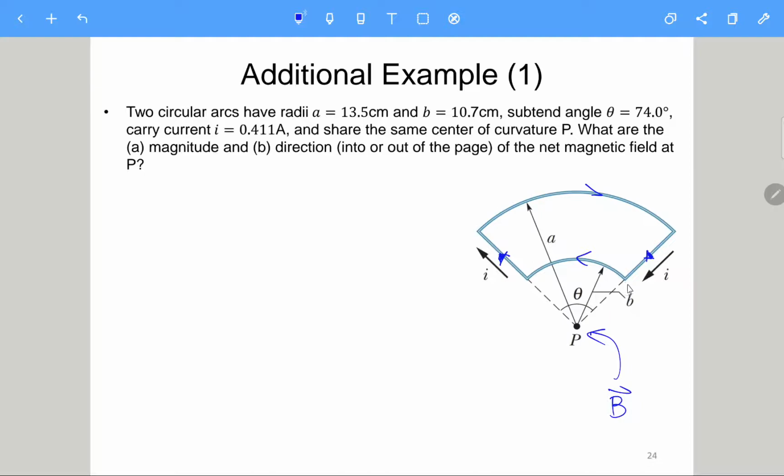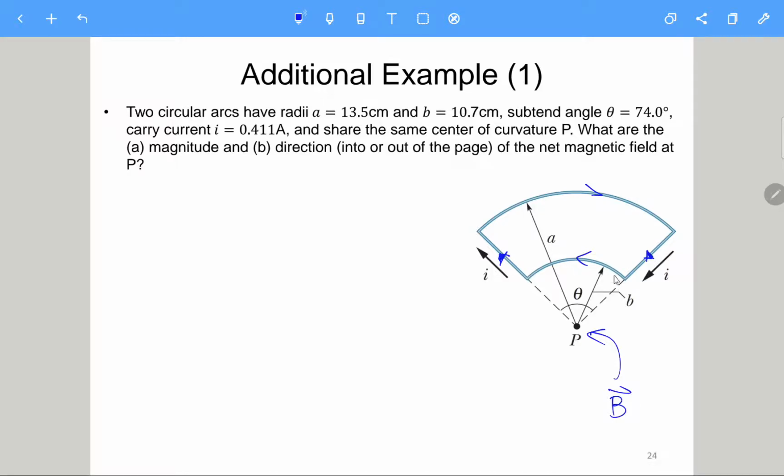When you consider this part, the shorter path with radius b, you use the right hand rule, and you can see that this part will generate a B field pointing out of the page.